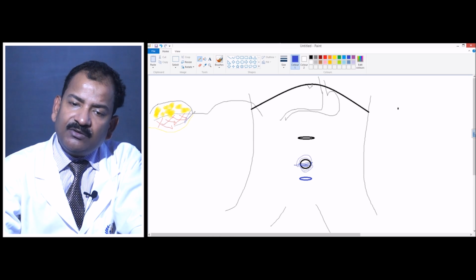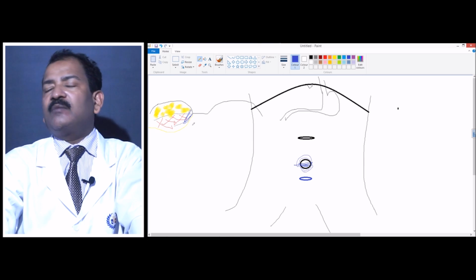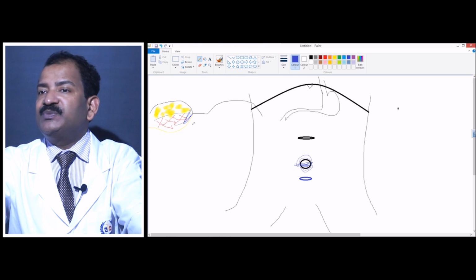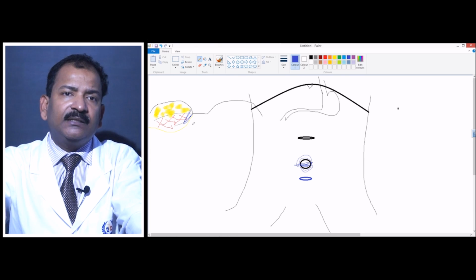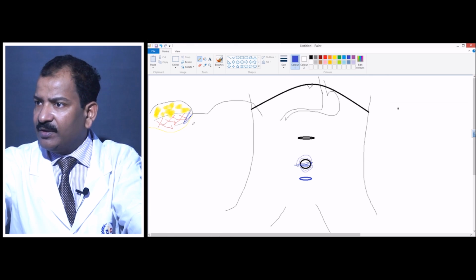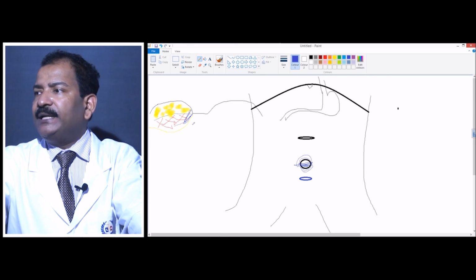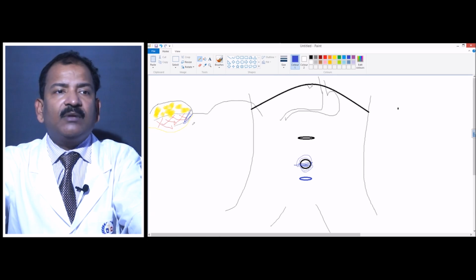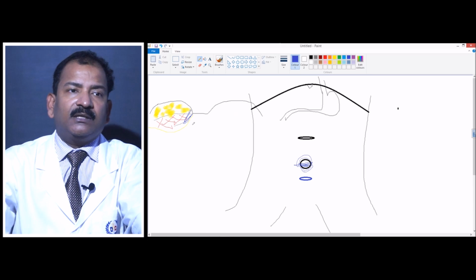This is called the vitellointestinal duct, or also the umbilical tube. This umbilical tube is present in every human when we are a fetus, because it joins the intestine of the fetus to the umbilical cord of the mother.